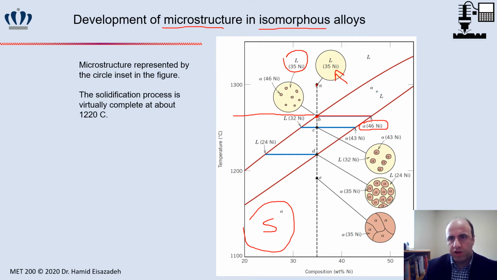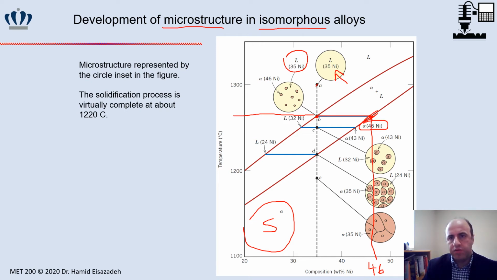You construct a line until it reaches the solidus line, and then you can determine the amount of nickel. How? Construct a vertical line, then you see this point is going to be 46%, and the composition of those little circles is going to be 46.